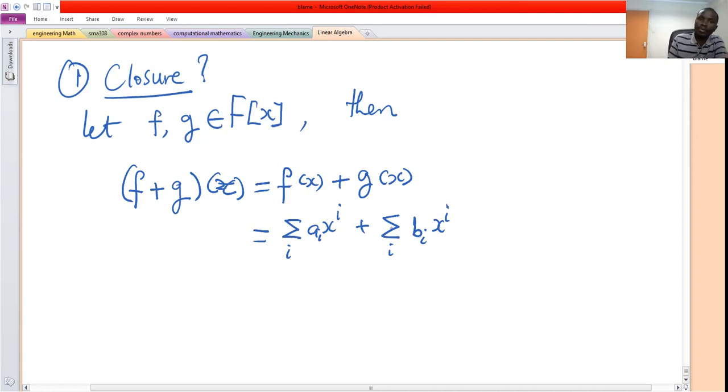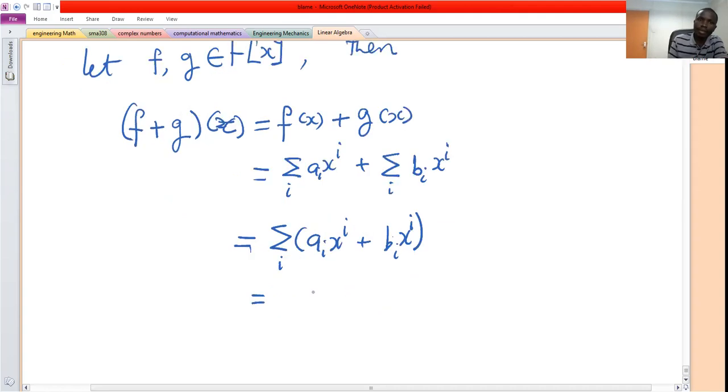So we can always put these summations together: summation of ai xi plus bi xi, and this is the same as summation of ai plus bi, and then xi.